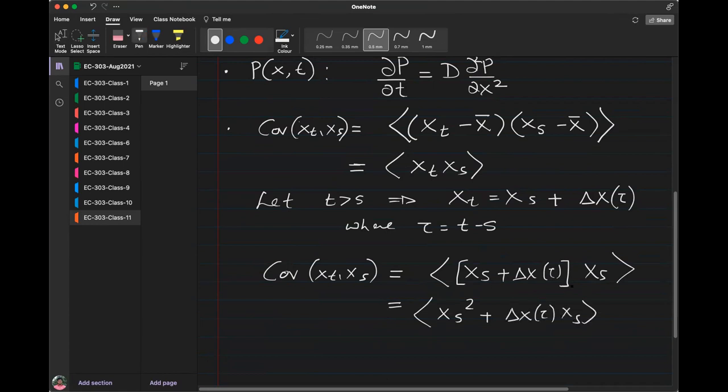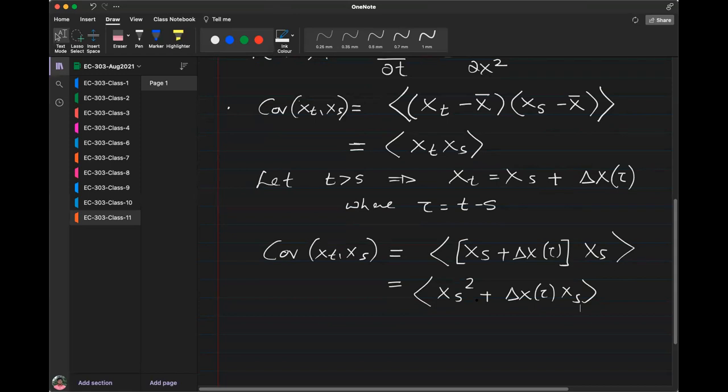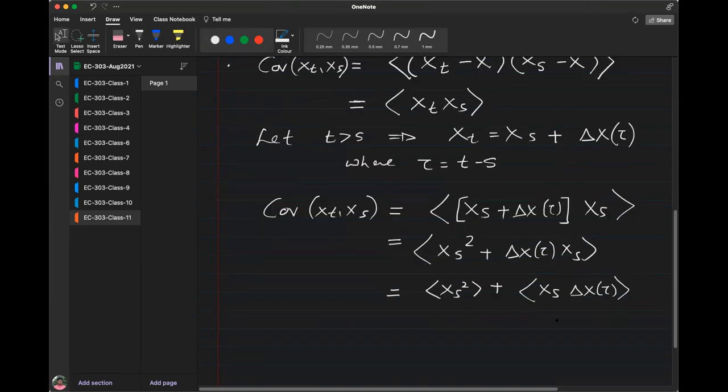This is the term now. I have expanded it now. So now we have the expectation of two terms which are summed. That is the same as the summation of two expectations. Okay, fine. So far, I hope everyone is with me.